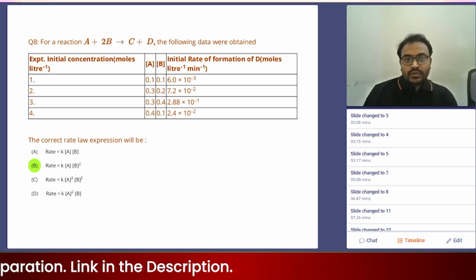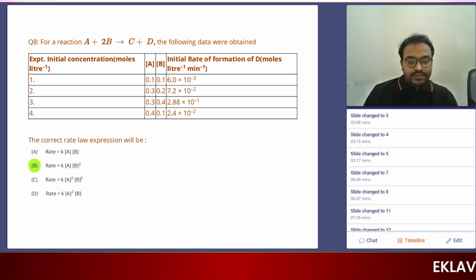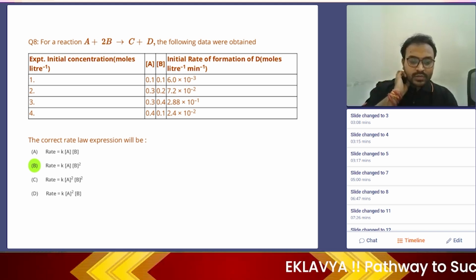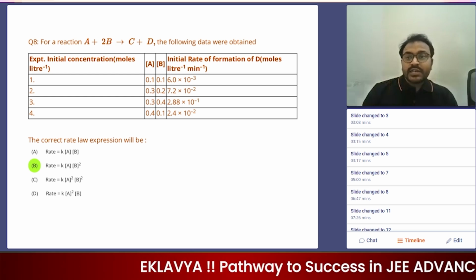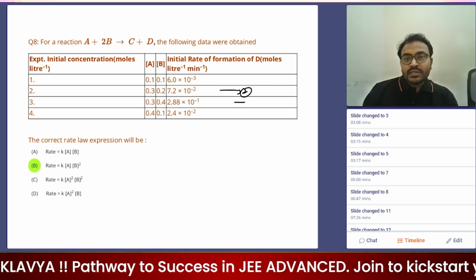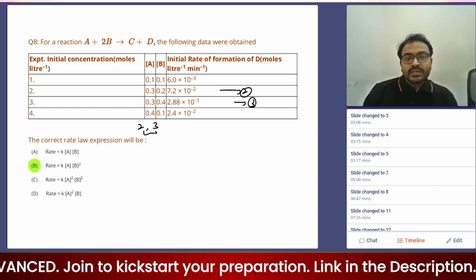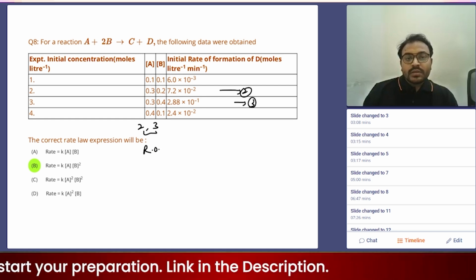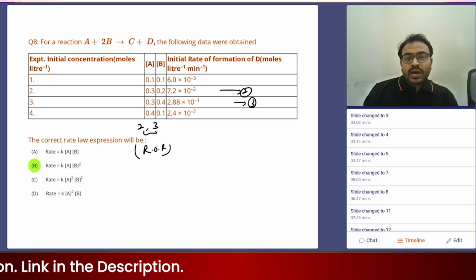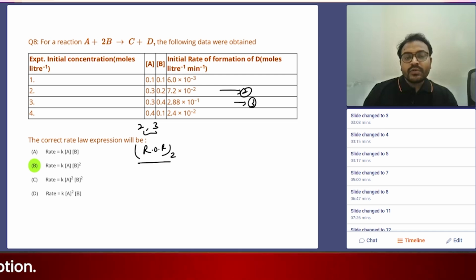Similarly, we can now take equation number second and third. By taking second and third, this is the second one, this is the third one, rate given. So by taking second and third, we can calculate ROR, the rate of reaction for the second one.